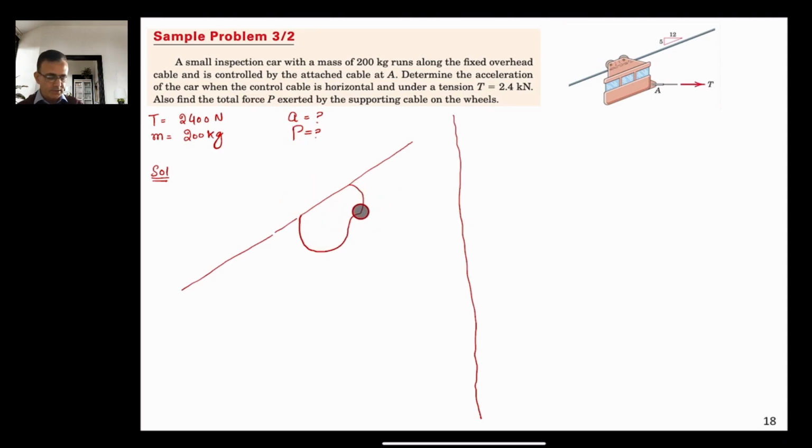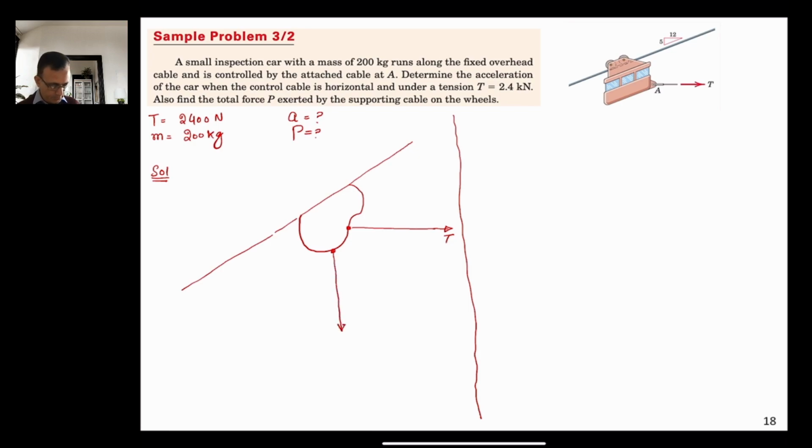So this is the inspection car here, and now we need to apply all the forces on it. The first force is this T here, in this direction, which is given as 2400 Newton. You also have to calculate the weight, which will be in the vertical direction.